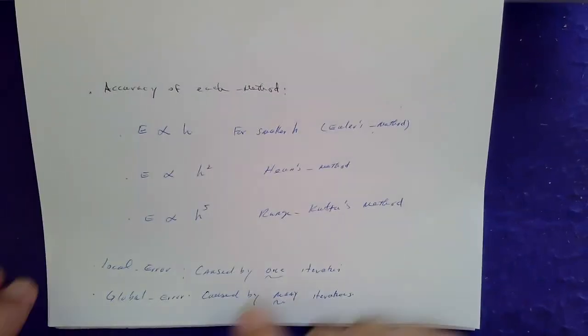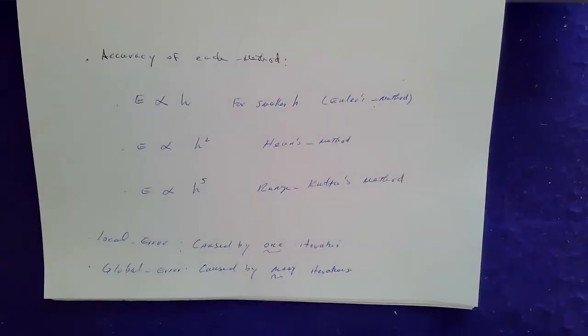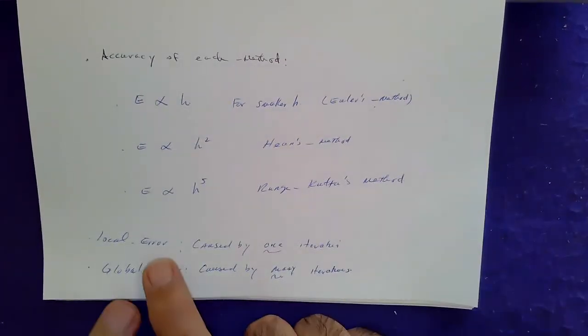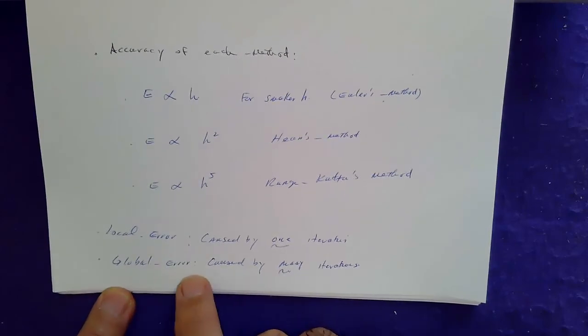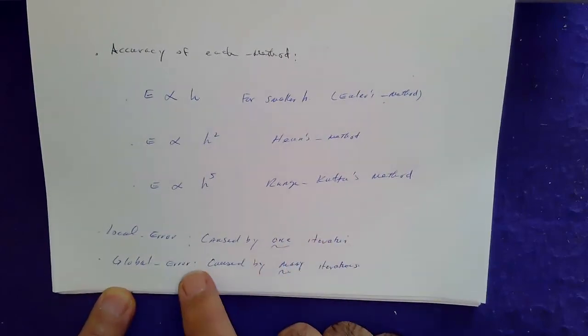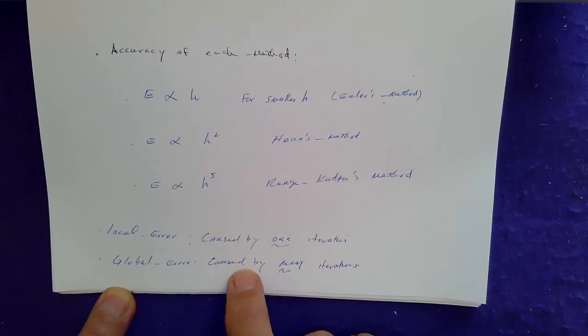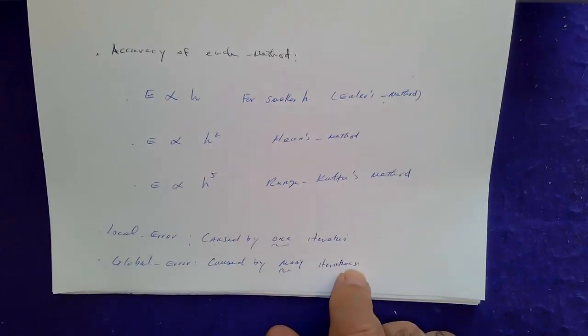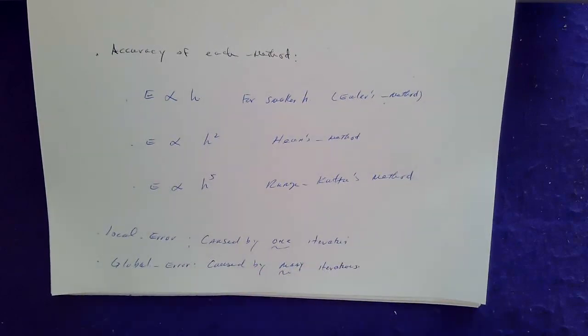It is that accurate. So speaking of errors, you have two kinds of errors, local error and global error. Local is caused by one iteration, and global is caused by many iterations. Then we have truncation error, then we have round off error.